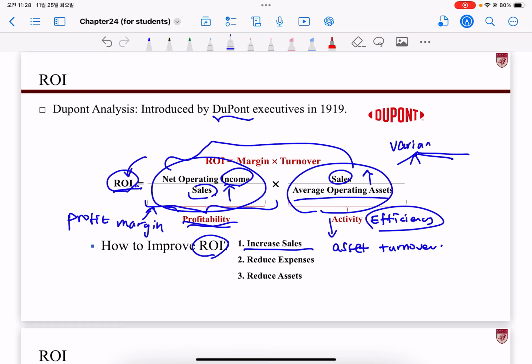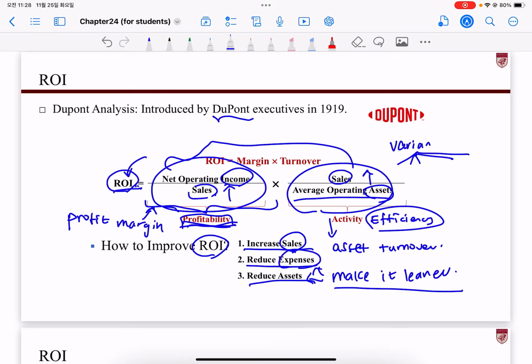So in order to maintain high profitability, you have to reduce expenses by more than the amount you increase them. Another way is to reduce assets. Reducing assets or reducing expenses means you make the company leaner, an efficient company.